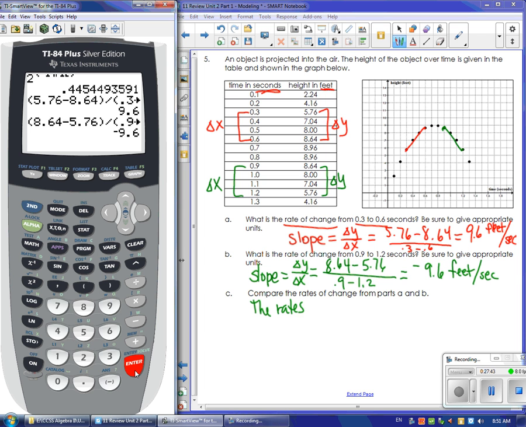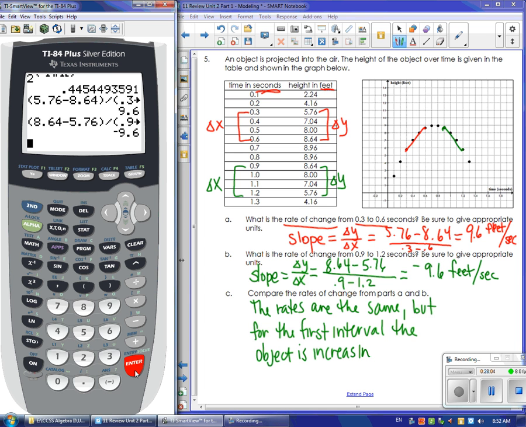But for the first interval, the object is increasing. And for the second, it's decreasing.